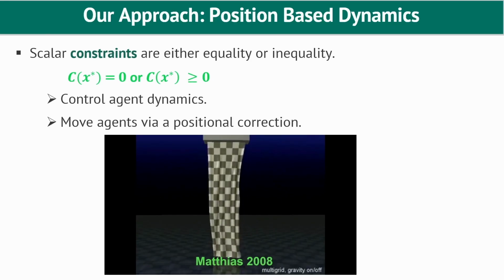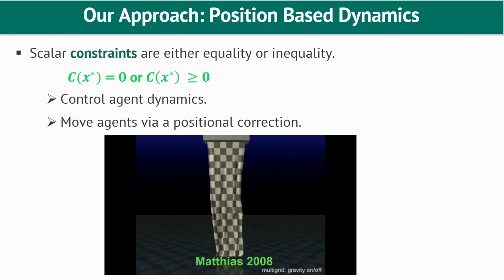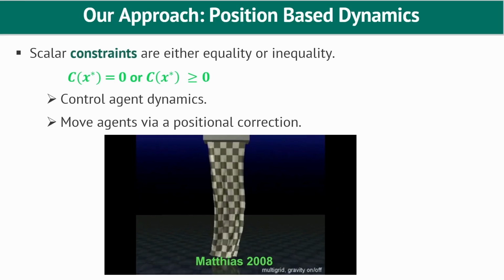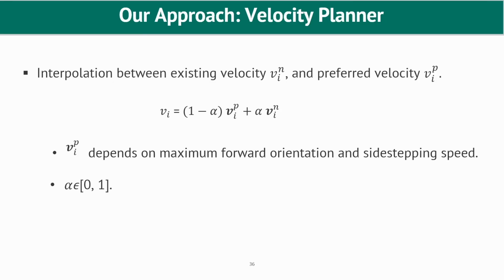where we use position-based dynamics (PBD) constraints, and these constraints are usually equality and inequality constraints, which control the agent dynamics. As you can see in the example, there is a cloth simulation where a position constraint is used. Once the position constraint is dissatisfied, the position is corrected to satisfy the constraint. And these PBD constraints are also applicable in the crowd simulation that we are discussing currently.